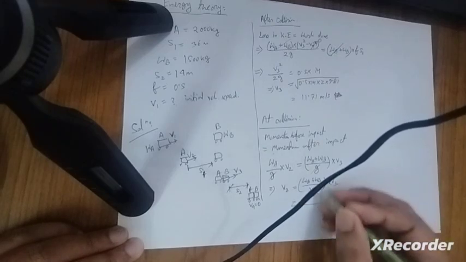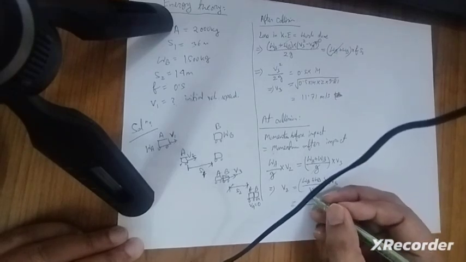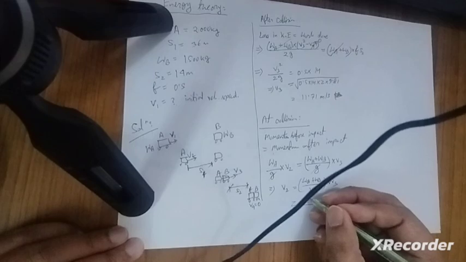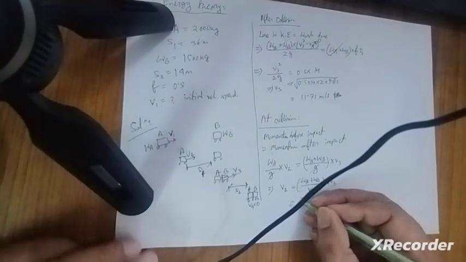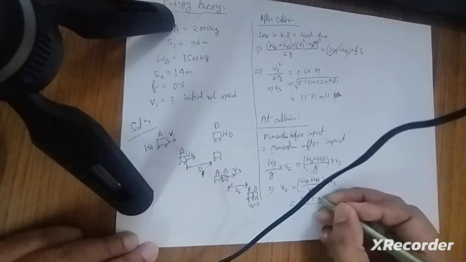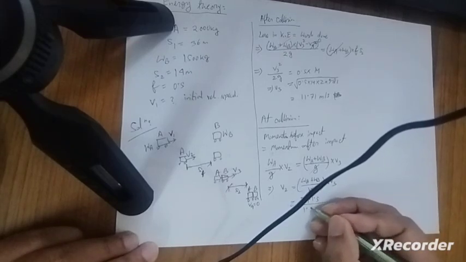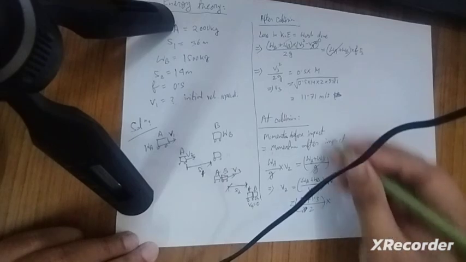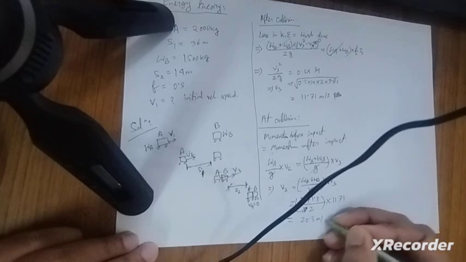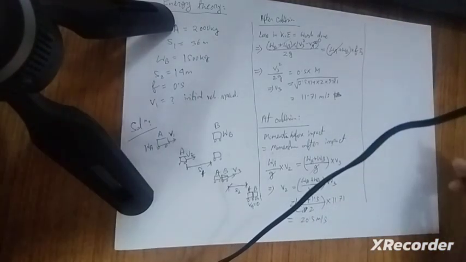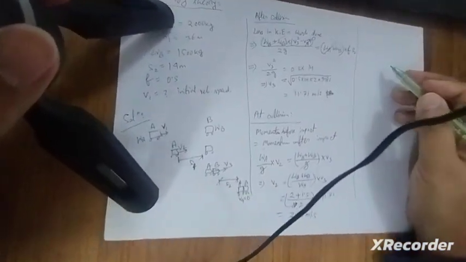We know WA from the question, that is 2000 kg or 2 ton. WB is 1.5 ton, WA is 2 ton, multiplied with V3. Our V3 is already calculated as 11.71, so V2 will be 20.5 meter per second. So that's it for calculating V2.